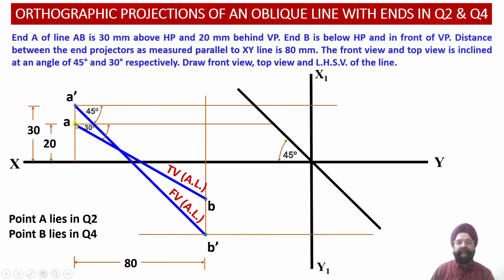We also know that the distance of the point A from the vertical plane happens to be 20 millimeter behind the vertical plane. So this point A has been presented over here, located at a distance of 20 millimeter behind the vertical plane. Now from this point A, we are going to construct a horizontal projector line and extend this projector line till it meets the transfer line in this particular position.